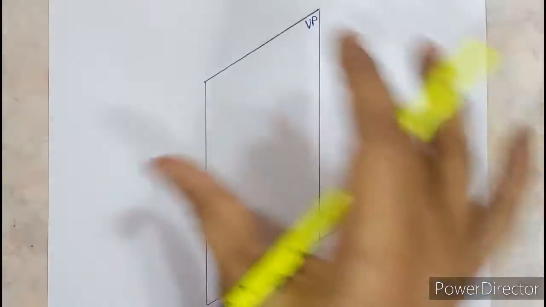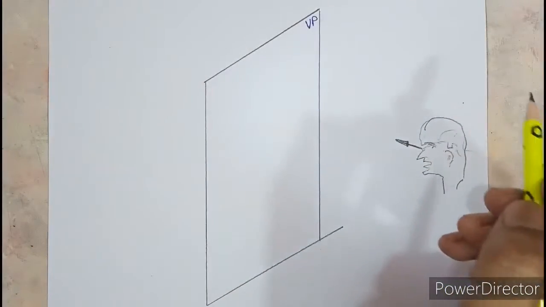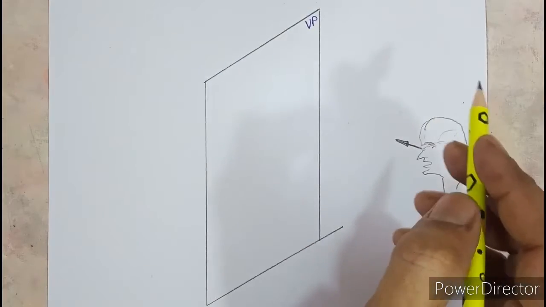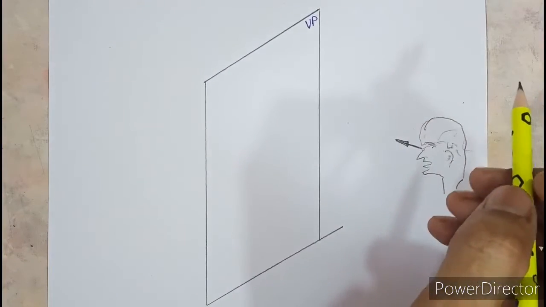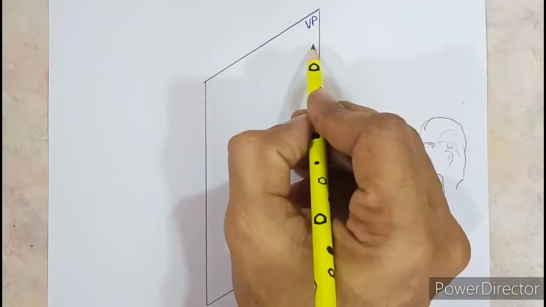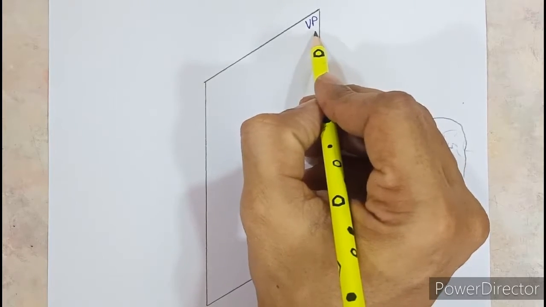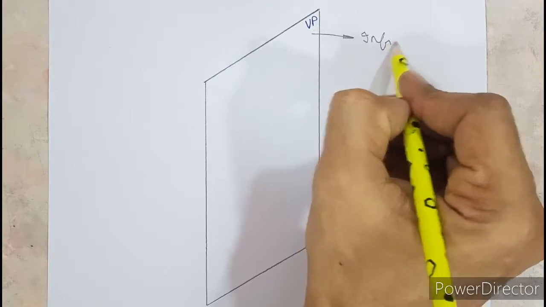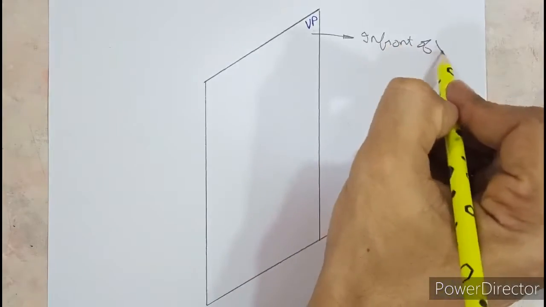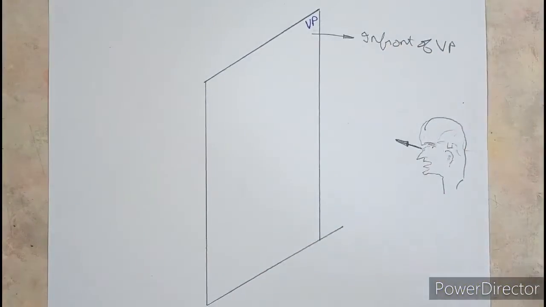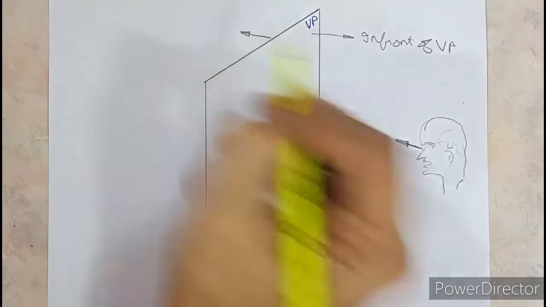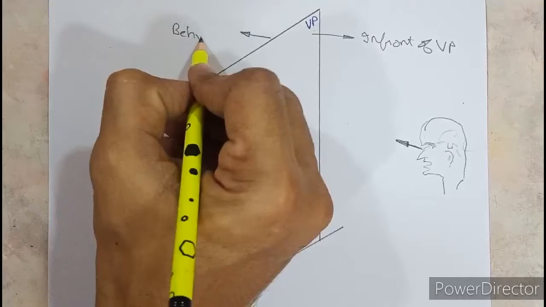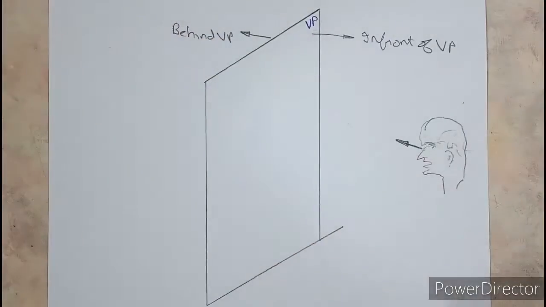So what you should learn from this diagram is, with respect to the vertical plane, the space gets divided into 2 halves. Number 1, this portion is called in front of the vertical plane, in front of VP. VP means vertical plane. And the area on the other side is called behind VP.